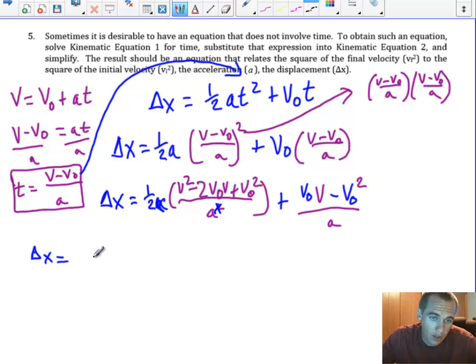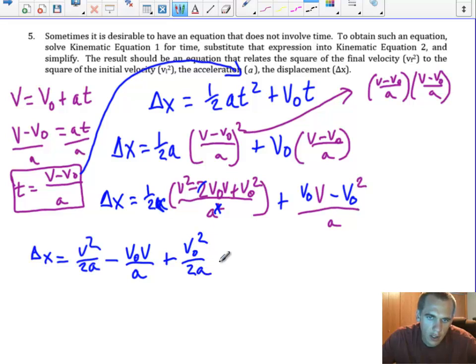So this first term becomes v squared over 2a minus, this half and this 2 cancel. Okay, so minus v naught v over a plus v naught squared over 2a plus v naught v over a minus v naught squared over a.